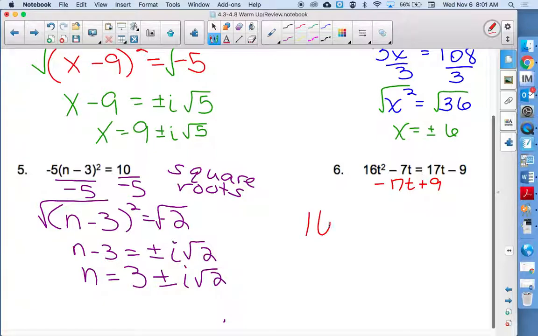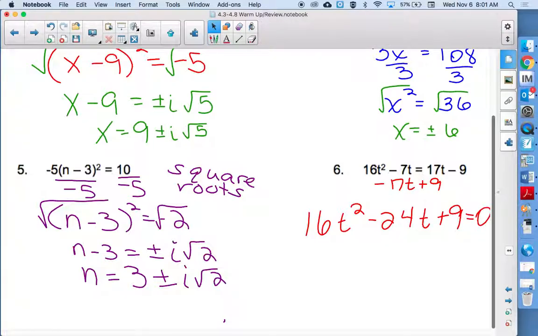So we have a positive 16t squared. Peter, negative 7 minus 17 is? So we set it equal to 0. And most of them were setting it equal to 0, getting everything on one side, except for the 2 problems where we're using square roots.